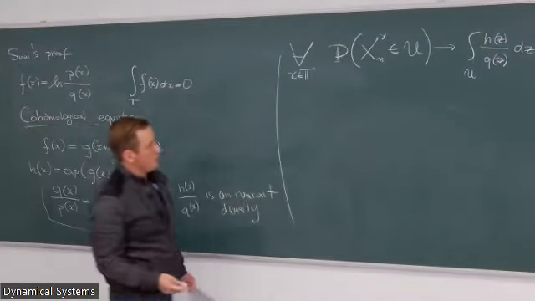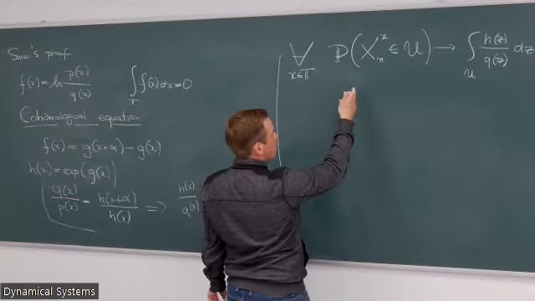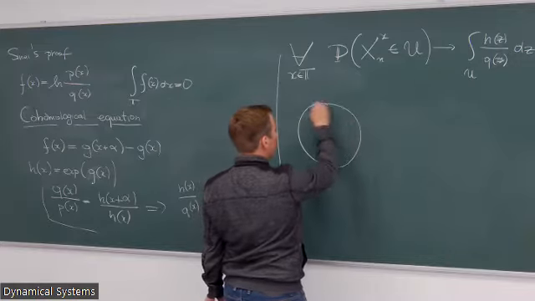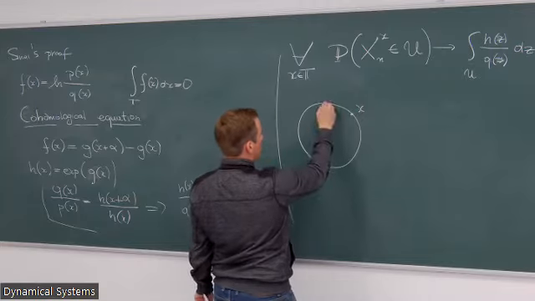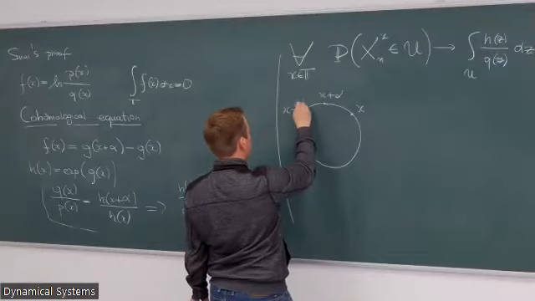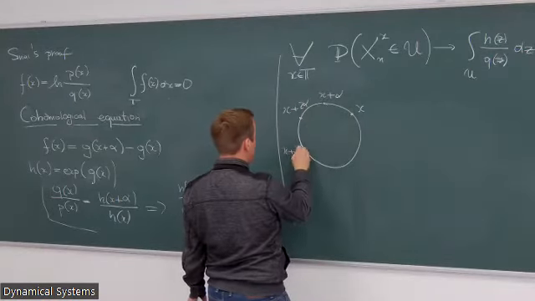And that is what Sinai does. But how to prove this? We observe that if our starting point is x, we can draw here the whole orbit of x under the action of rotation.